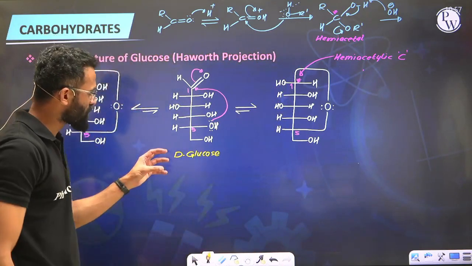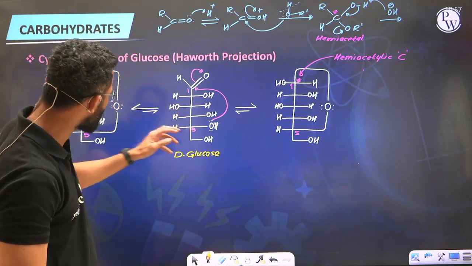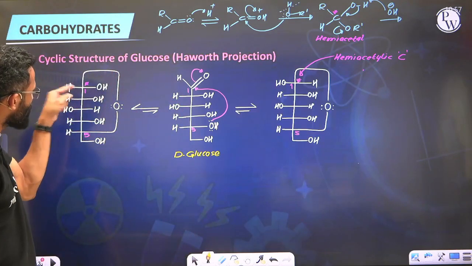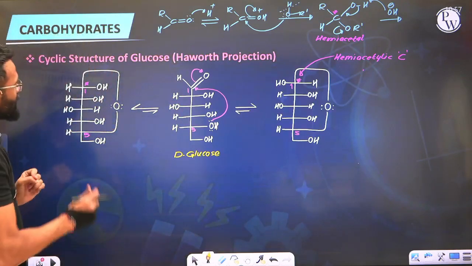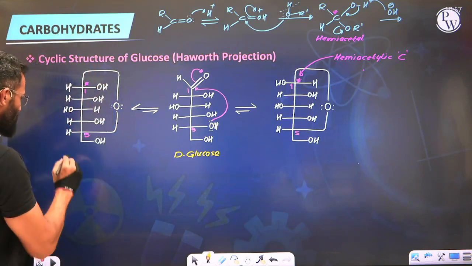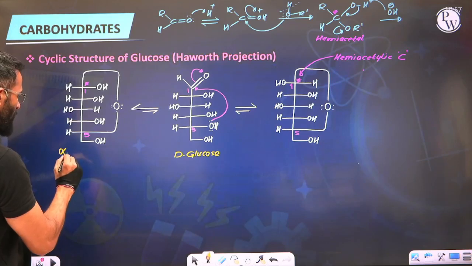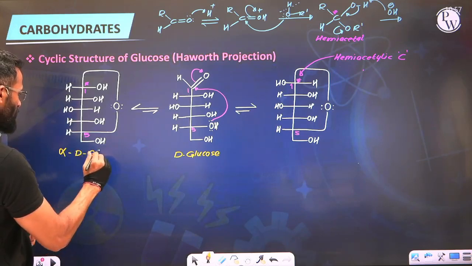The open chain structure of glucose in its aqueous solution exists in dynamic equilibrium with the cyclic form, which has the newly formed hemiacetalic carbon. At this hemiacetalic carbon, when you put OH to the right in the Fischer projection, we call it the alpha isomer. So I'll call it alpha D glucose.